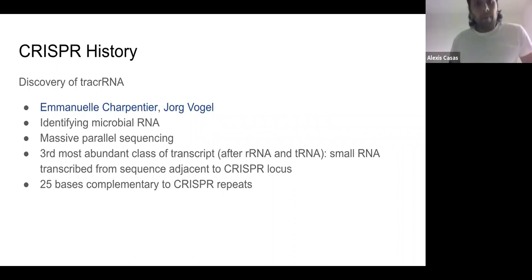Around the same time, Emmanuelle Charpentier and Jörg Vogel were working on identifying microbial RNA. And to do that, they were doing massive parallel sequencing.